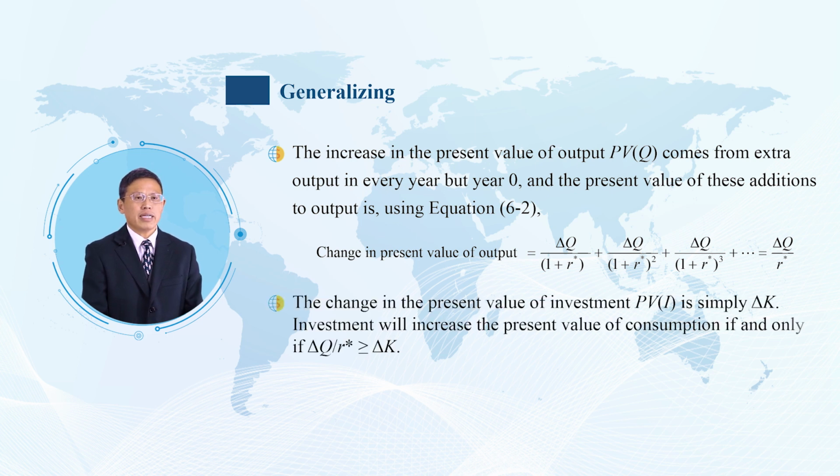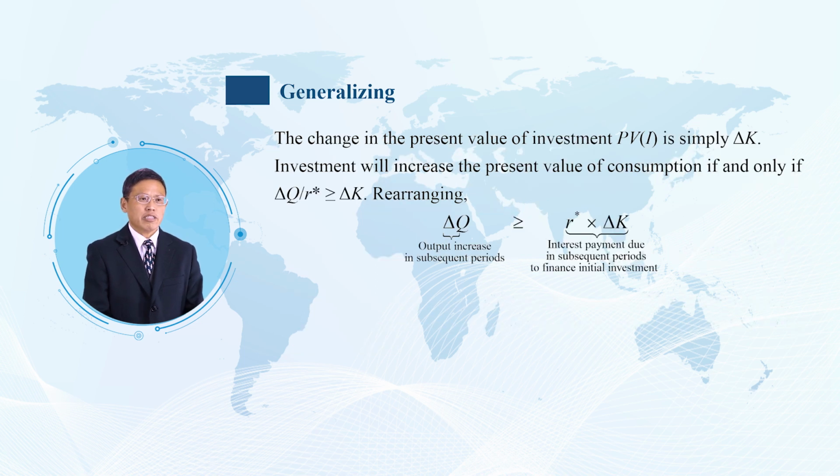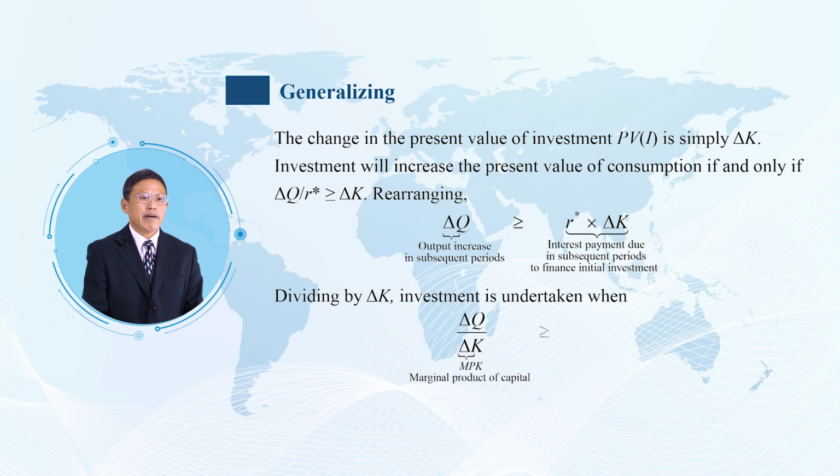The change in the present value of the investment, PVI, is simply delta K. Investment will increase the present value of consumption if and only if delta Q divided by R star is at least as great as delta K. Rearranging, delta Q divided by delta K is at least as great as R star.